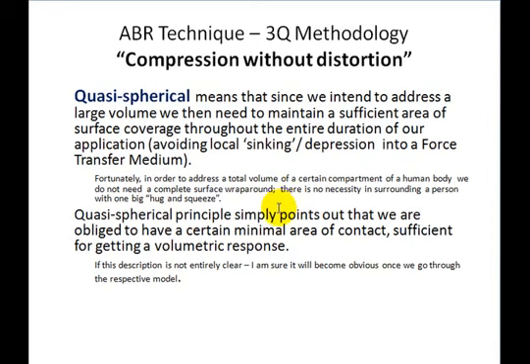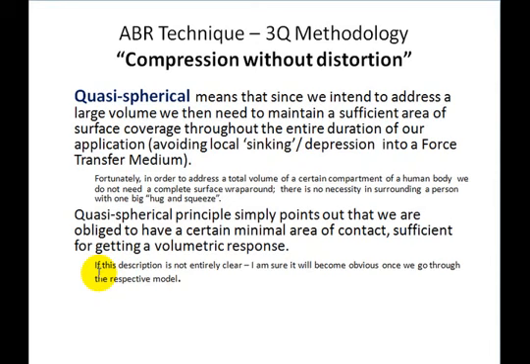There's no necessity. We just need a sufficient sector. In other words, the quasi-spherical principle simply points out that we are obliged to have a certain minimal area of contact, sufficient for getting a volumetric response, right? And that's the key word, volumetric response.